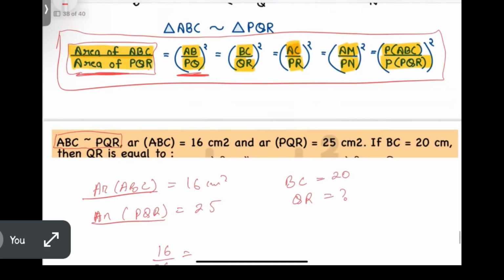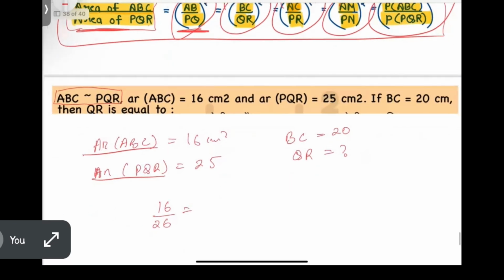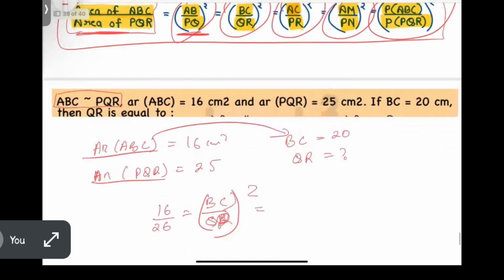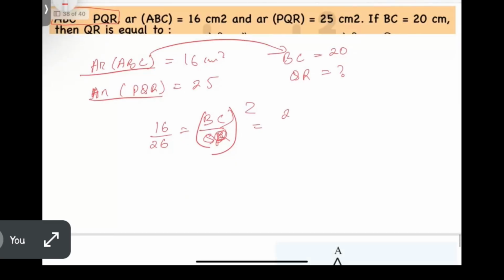It can be any of these sides, but remember, this will correspond to this one. So it is BC divided by QR, whole square. What is BC here? BC is 20 here, and QR whole square.